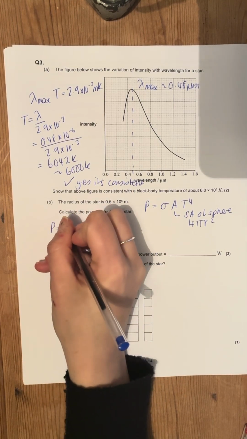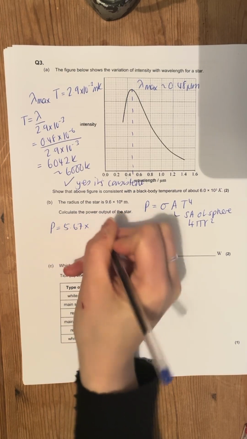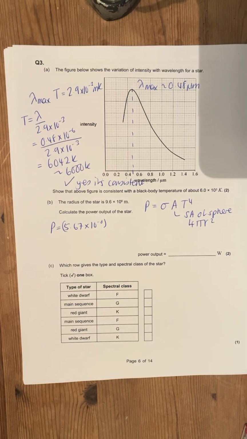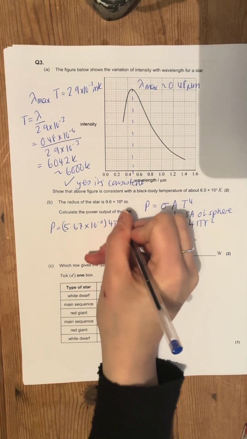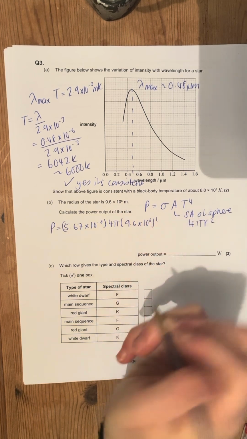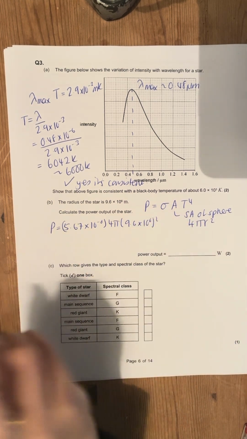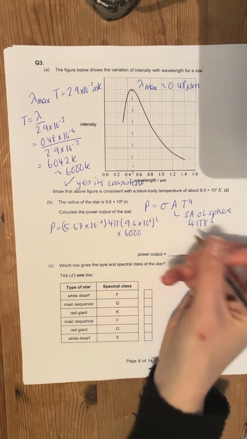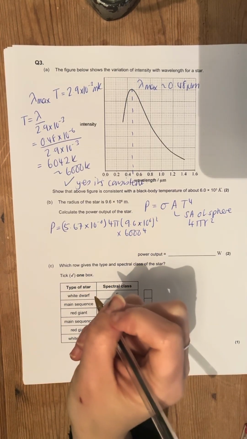So P equals sigma, which is 5.67 times 10 to the minus 8, times the area, 4 pi r squared, so 4 pi, and then 9.6 times 10 to the 6 squared, times temperature, either 6,000 or 6,041, but you need to do that to the 4.